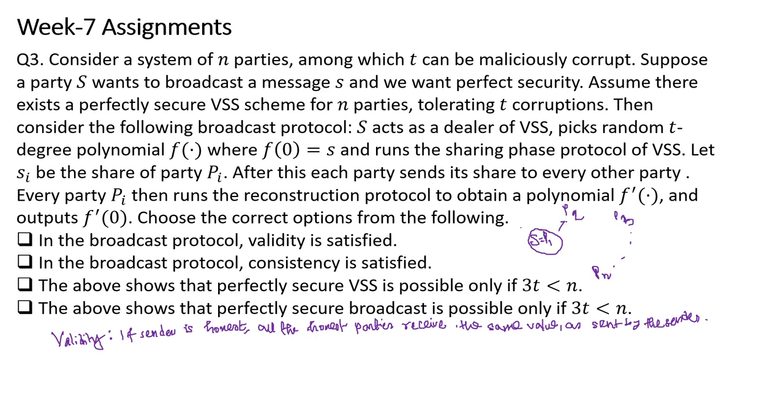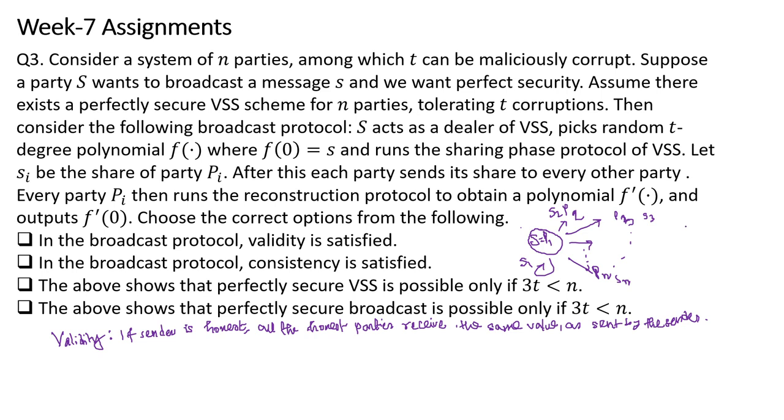It will send shares to all the parties, including itself. Right? So everyone will get some share s1, s2, s3 till sn, and if the sender or dealer is honest, then they will be consistent with some bivariate polynomial, right?